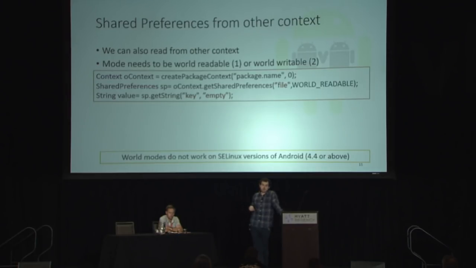With that, we will need to call again, from that context object, getSharedPreferences, specifying the file name and, in this case, the world readable or world writable mode. And we just need to, again, call the get for the specific data type, or put the specific data type with an editor if we want to save or store information.